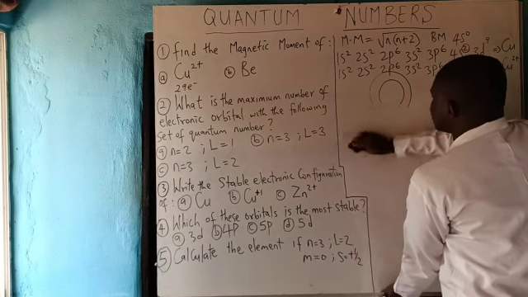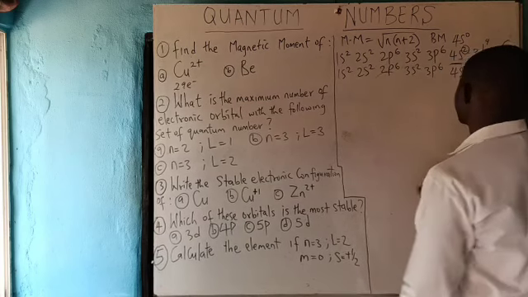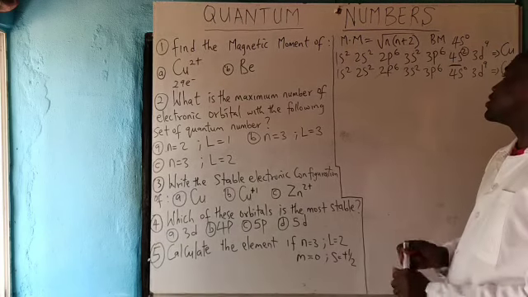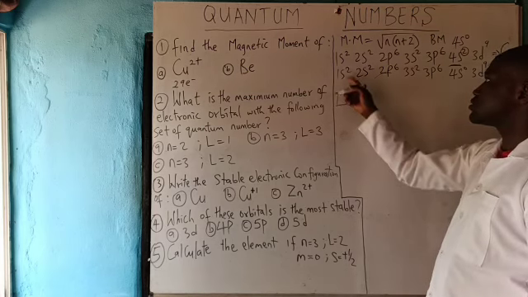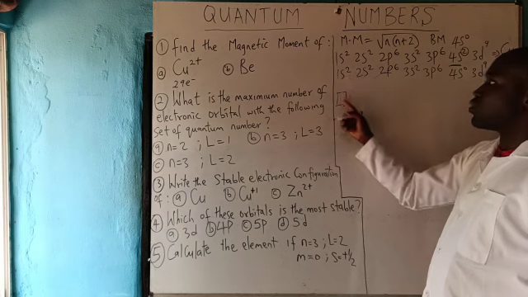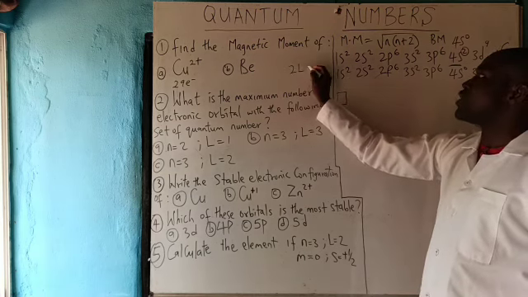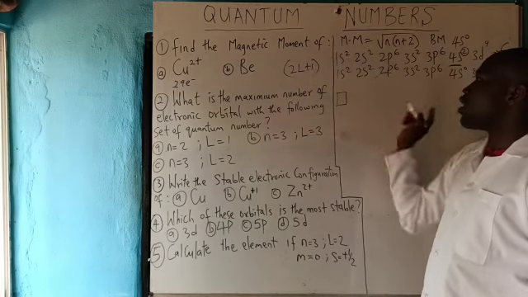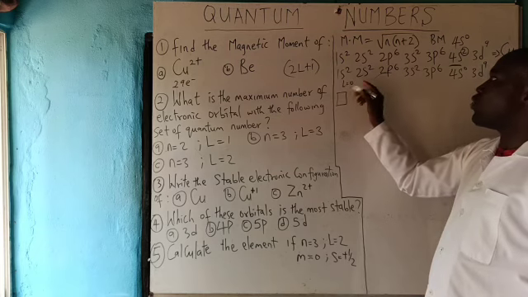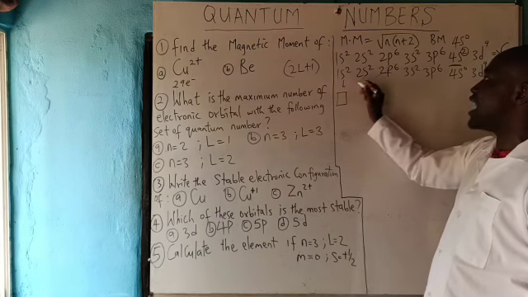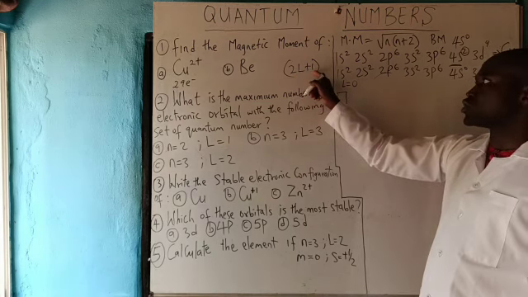Now, after noting this, you will notice that this is one orbital, from the formula 2l plus 1, the number of orbitals. s is noted to be l equals 0. When you are talking about the s orbital, we say that l is equal to 0. So 2 times 0, 0 plus 1, is 1.